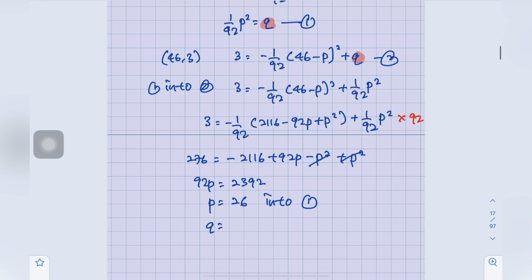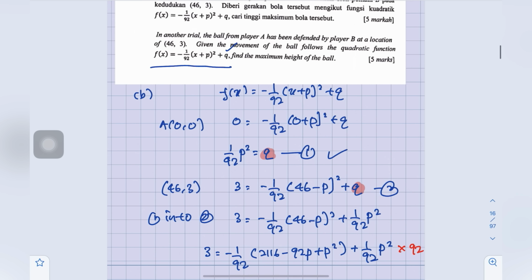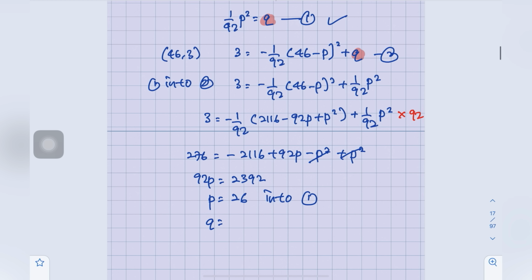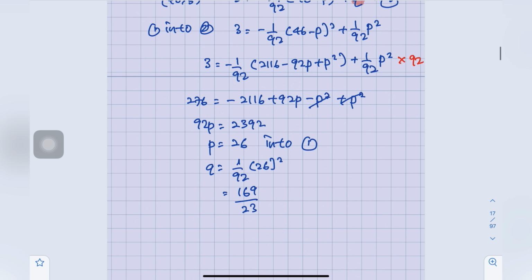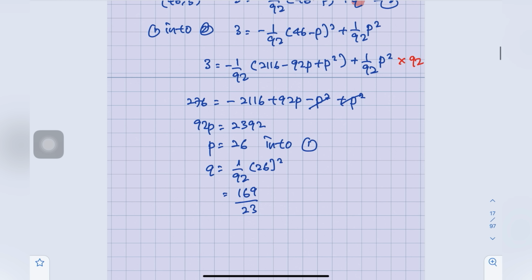So q is 1/92 times 26 squared, which equals 169/23. As we said earlier, q is the maximum height. Therefore, the maximum height is 169/23.